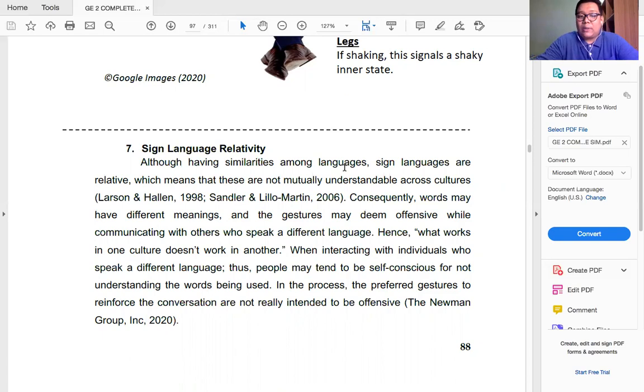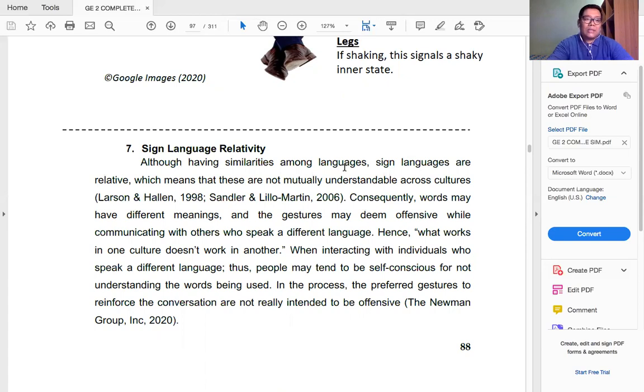Hence, what works in one culture doesn't work in another. I have to reiterate this one. When interacting with individuals who speak a different language, people may tend to be self-conscious for not understanding the words being used. In the process, the preferred gestures to reinforce a conversation are not really intended to be offensive. Okay?